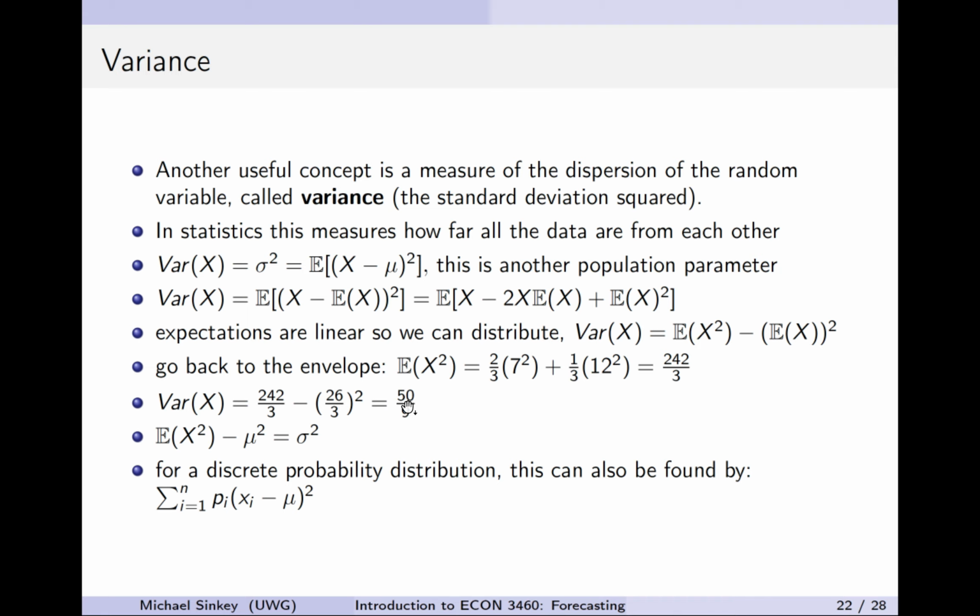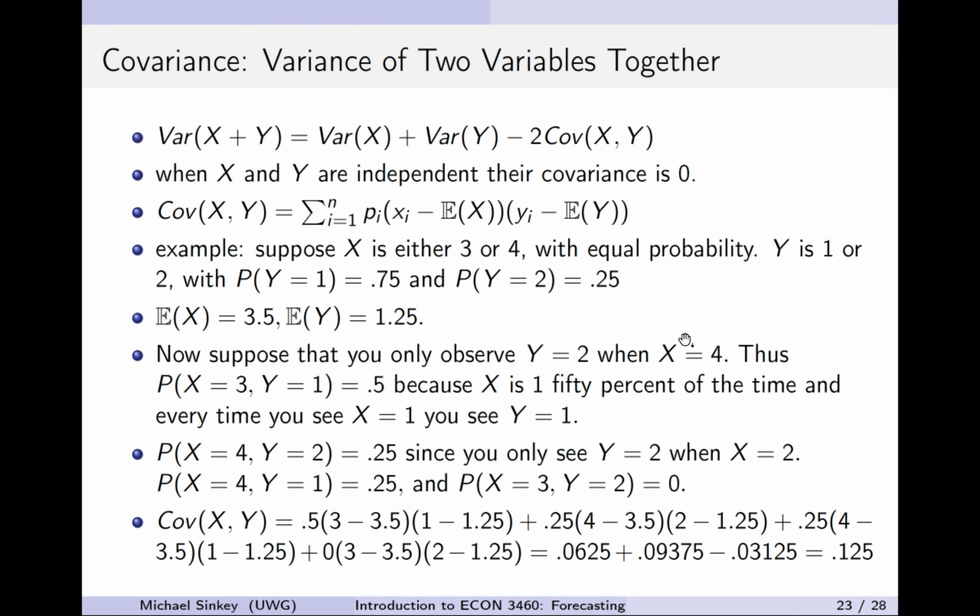So the expected value of x squared minus mu squared is the variance. Okay, and for a discrete probability distribution, you take the probability times the outcome minus the mean squared. And that's what we did here. So we did a discrete probability distribution, but we evaluated this formula directly.